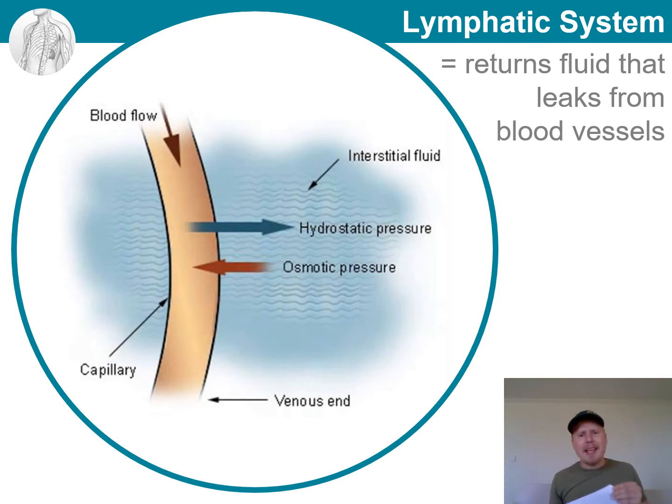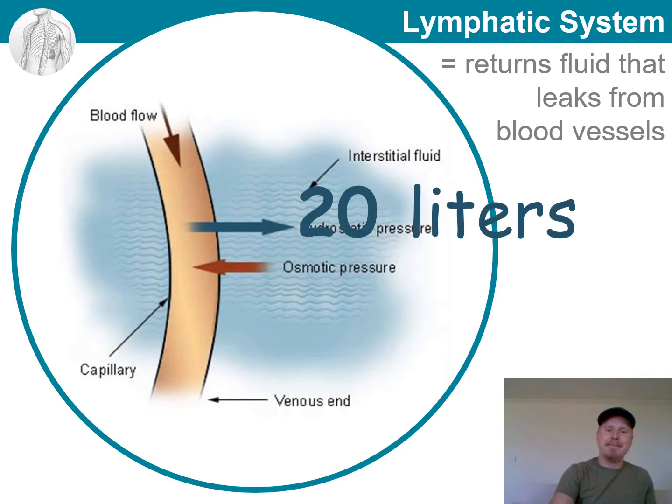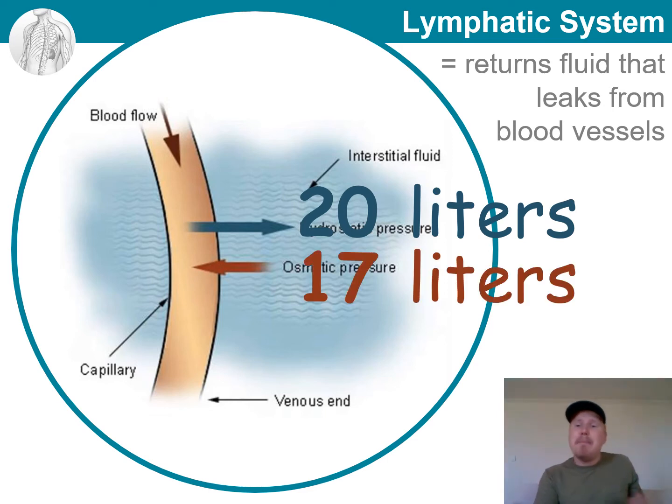What is interesting is to look at the numbers. So let's do just that. In a day, about 20 liters of plasma leaks out. Please know that I use the term leak very loosely here. It is actually meant to leave the capillaries into this space outside the vasculature. And about 17 liters of this is reabsorbed back into the blood vessels.